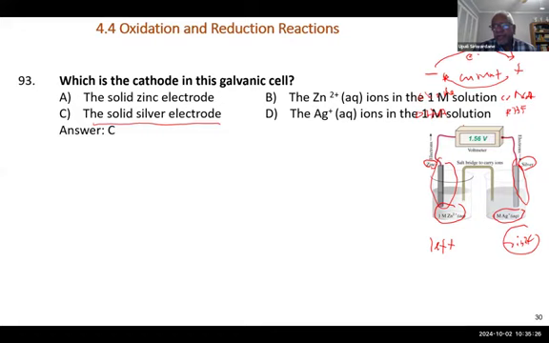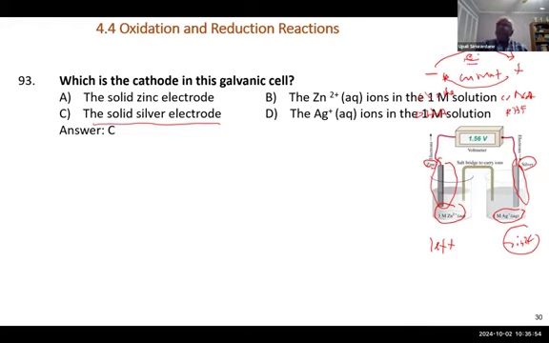If the question is, what is the anode of the galvanic cell? The anode is the solid zinc electrode. Now, if the question was, which way do the electrons flow in this galvanic cell? Electrons flow from anode to cathode, this way, right here.